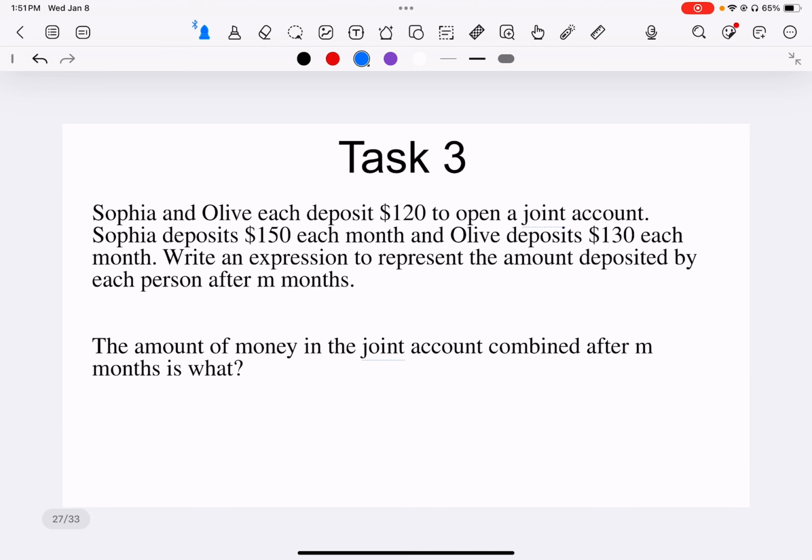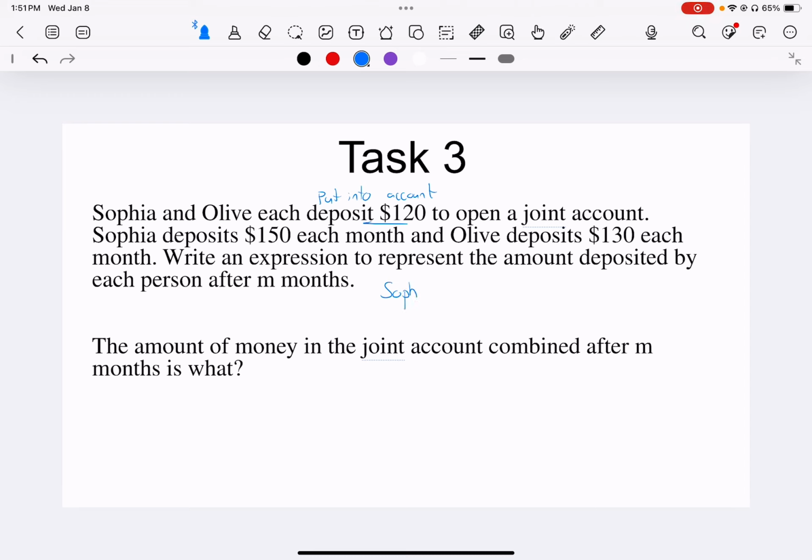Sophia and Olive each deposit, means they're putting it into their account, $120 to open a joint account. Sophia deposits $150 each month and Olive deposits $130 each month. Write an expression to represent the amount deposited by each person after m months.